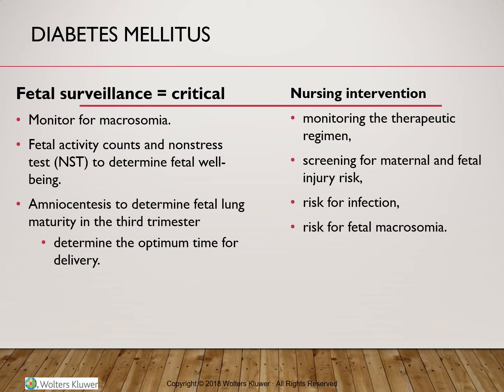In diabetes patients, there will be a need for determining the timing of delivery to find the optimum time and method. The challenge is to avoid fetal injury by allowing the fetus to mature fully, especially the lungs, because elevated maternal glucose levels can delay fetal lung maturation.